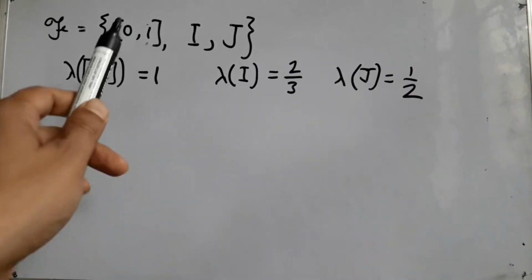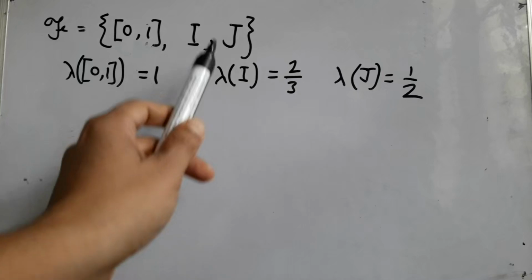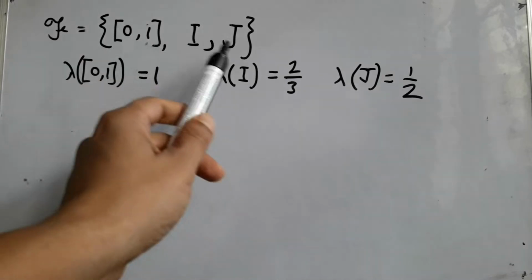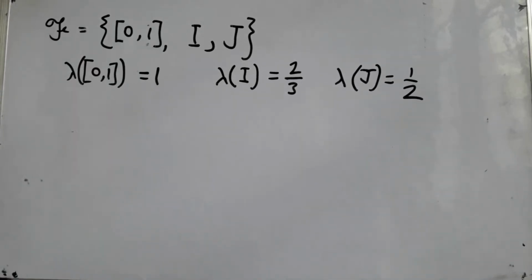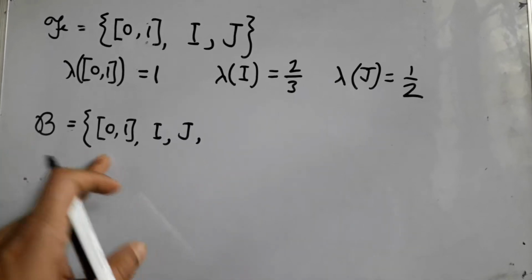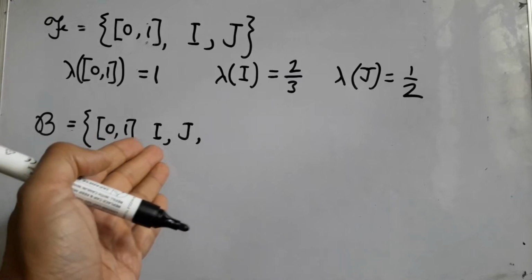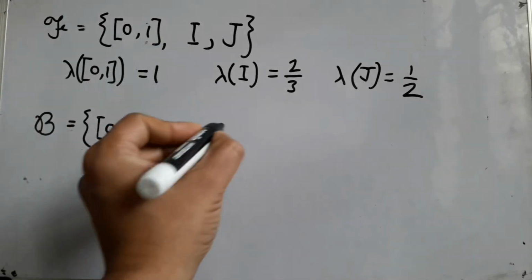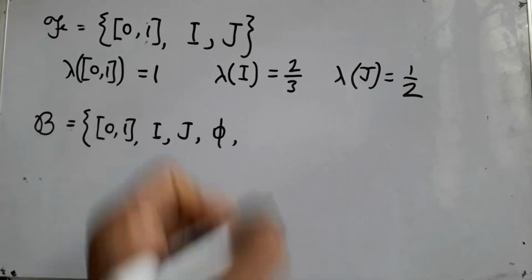Now I shall try to manufacture all possible sets that I can by combining these three using countably many set operations. But since I am only working with finitely many, countably many set operations is the same as finitely many set operations, and it's not difficult to see what the collection of all generated sets would be. Of course, I have 0, 1, I, j, they are there. Obviously, the empty set is also there.